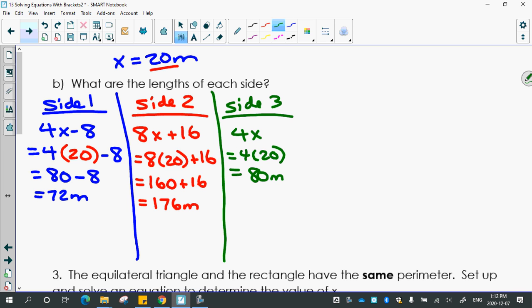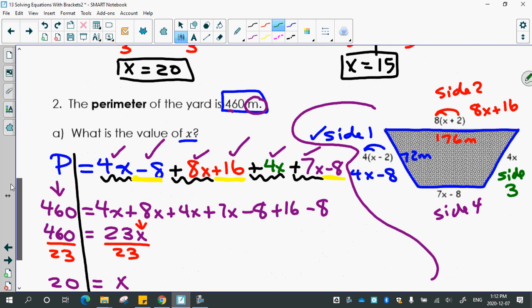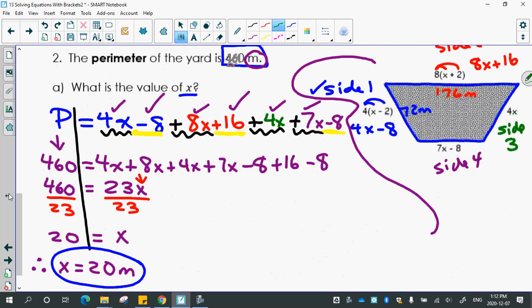So now I know 3 sides. Go back to my diagram and label it 80 meters. And then I've got one more side to find. And then I'm going to check, I'm going to add them all up and see if I get 460. And then I'll know that I did it right.